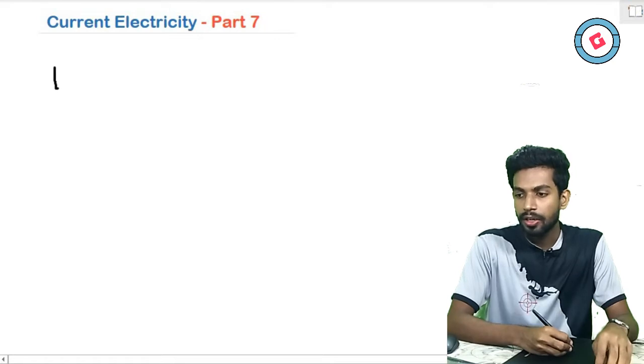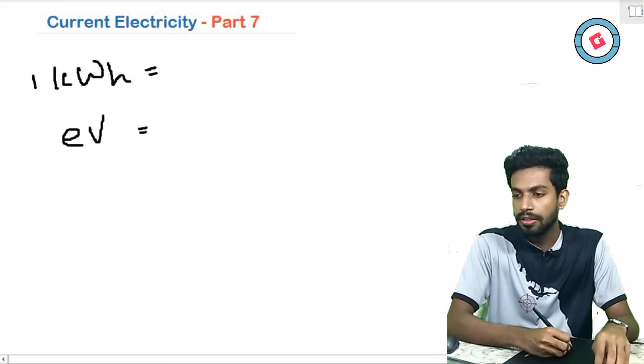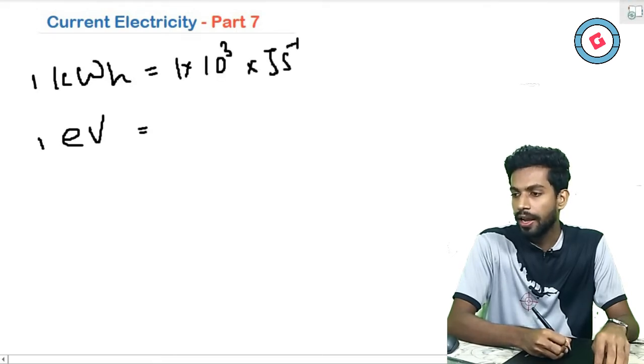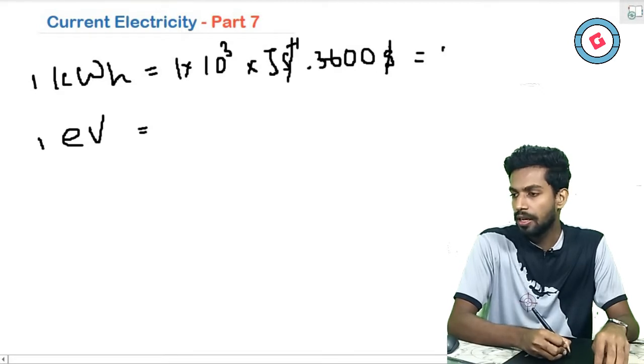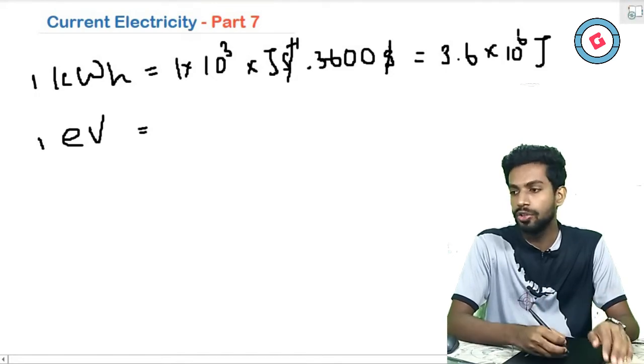They are the kilowatt hour and the electron volt. 1 kilowatt hour is equal to 1 kilo, which is 10 to the power 3, watt, which is J s to the power minus 1, and hour, which is 3600 seconds. If we simplify this, we obtain 3.6 times 10 to the power 6 joules. So 1 kilowatt hour equals 3.6 times 10 to the power 6 joules.